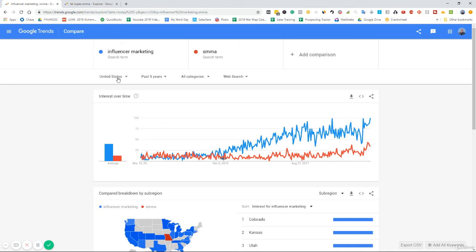Then I'm going to take that info and go into the keyword research tool through Google and other tools, and dig deeper and find out what other search terms people are searching that are related to the ones that we found here.